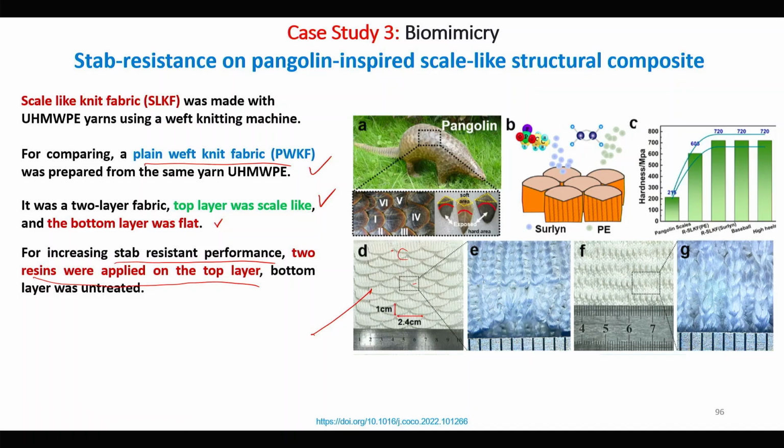So, the composite was prepared using 2 different types of resins to make it stab resistant. And the bottom layer was untreated to keep it soft. There are 2 resins, one is Sarlin and the second one is PE, polyethylene.